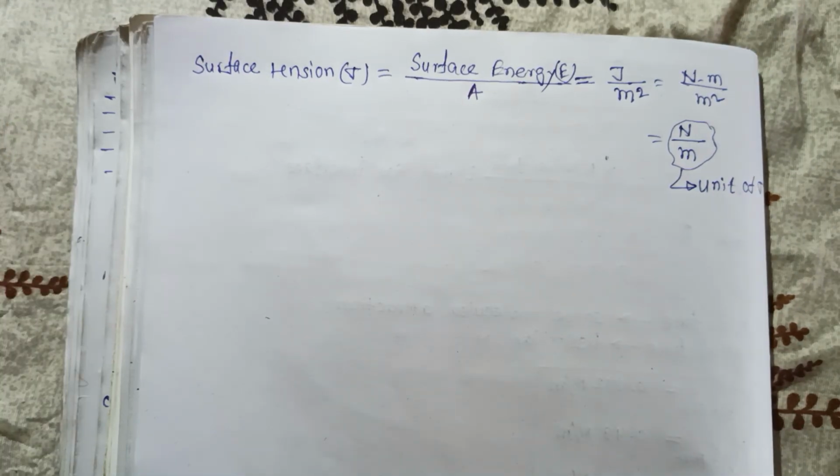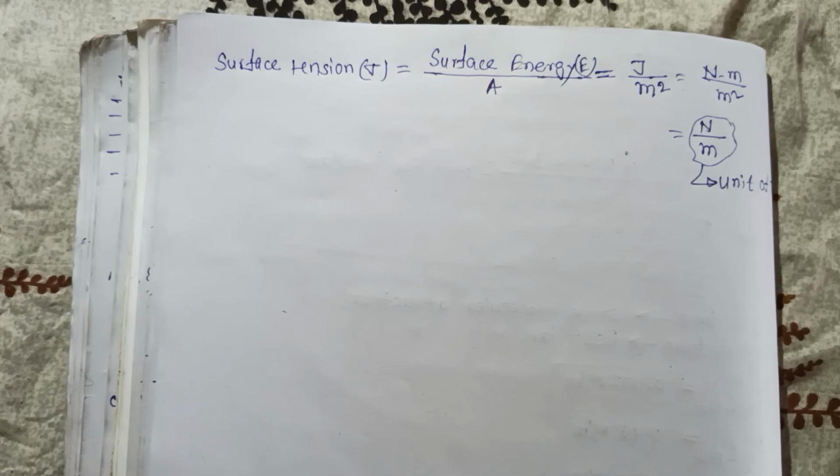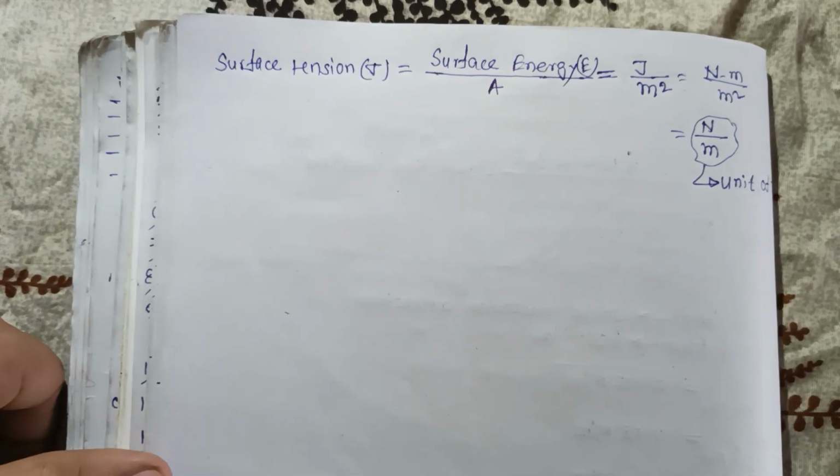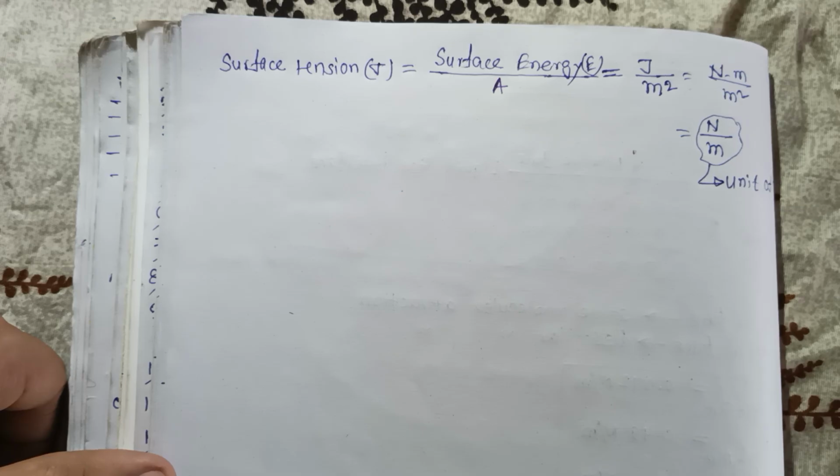Now, for a given volume, spherical geometry has minimum surface area.